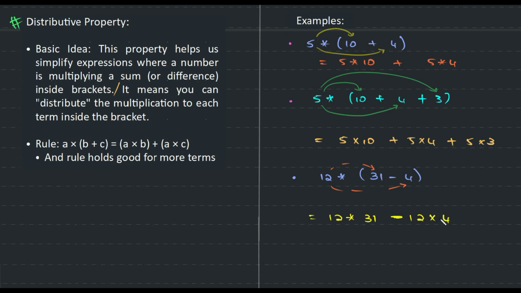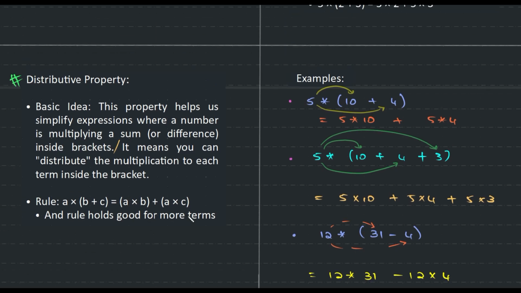Or if you want to make it a bit simpler, not to get confused, you can think of it in this way: 12 times of 31 plus 12 times of minus 4. Either of these will result in the same answer.